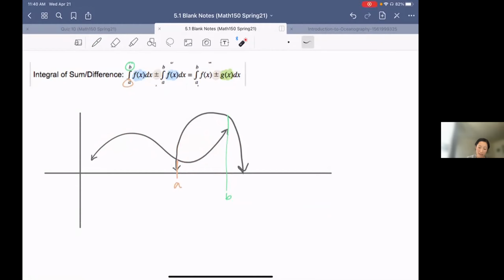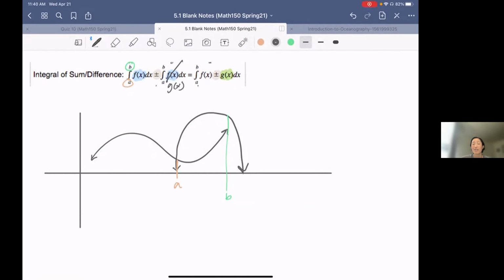Okay, yeah, so that was a great catch on the typo by Thea. The first blue f of x is supposed to be f of x. The second blue one you have is actually supposed to be a g of x. And that might have actually made things much easier for you, okay?